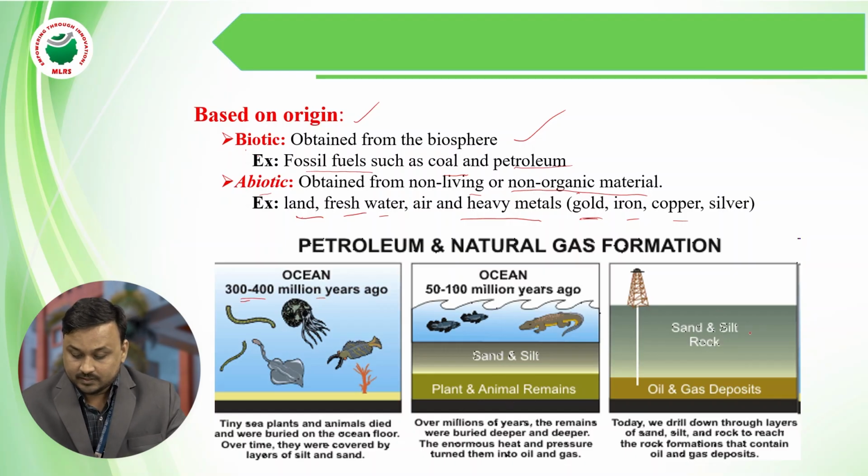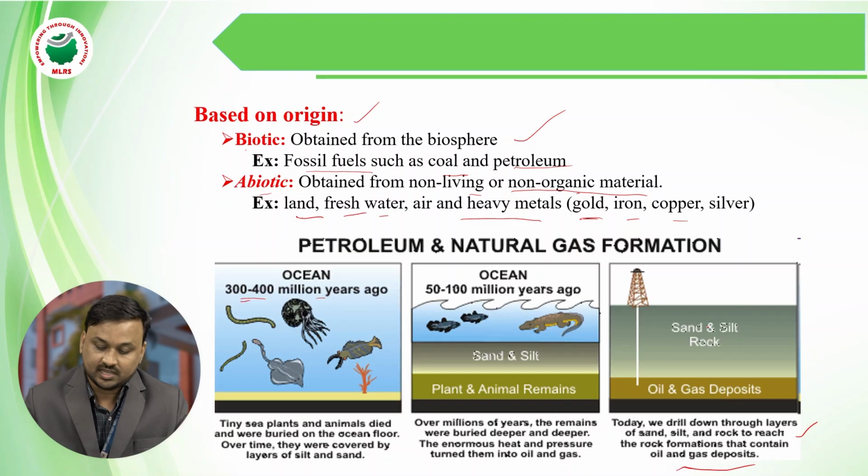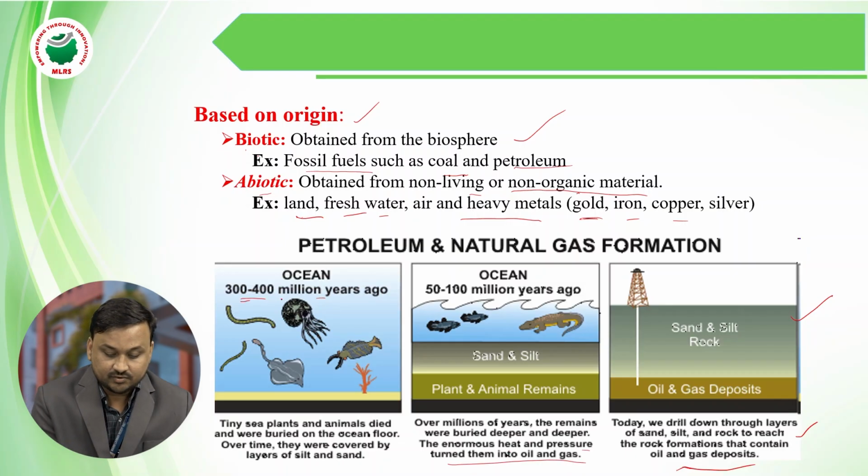The images show that today we drill down through layers of sand, silt, and rock, in the rock formations that contain the gas and oil deposits. Over 50 to 100 million years the remains went deeper, and the enormous heat and pressure turned them into oil and gas. They were covered by layers of sand.